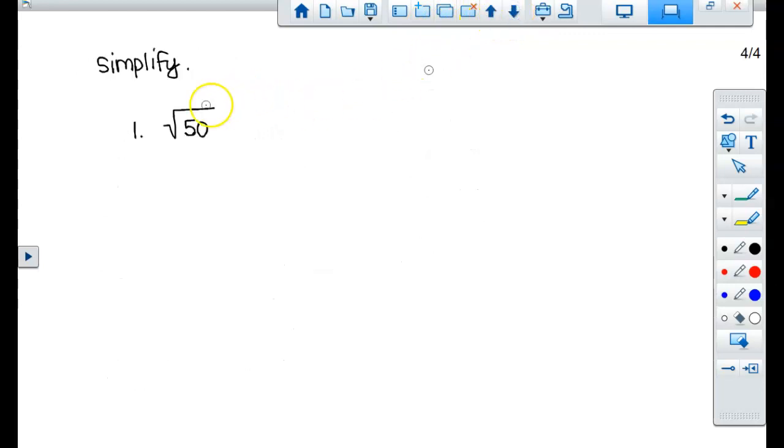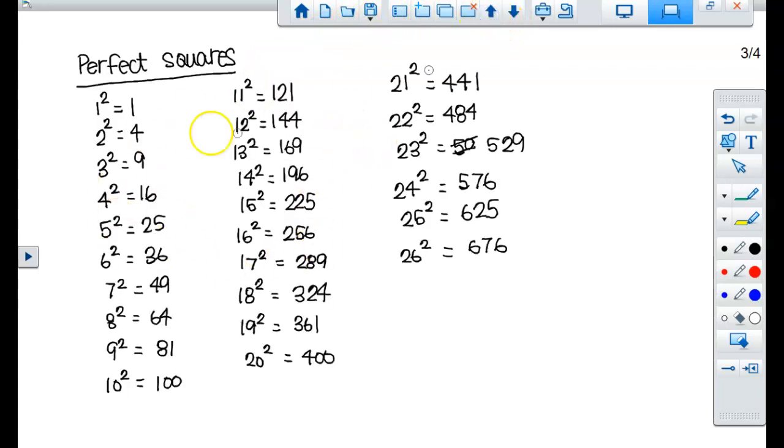So if I'm thinking about the number 50, my goal is to get the biggest number from this list that 50 will divide by. So right here's about where 50 would fall. I know 50 won't divide by 49. It won't divide by 36. It will, however, divide by 25. So to simplify the square root of 50, 25 is the perfect square that I need to use.